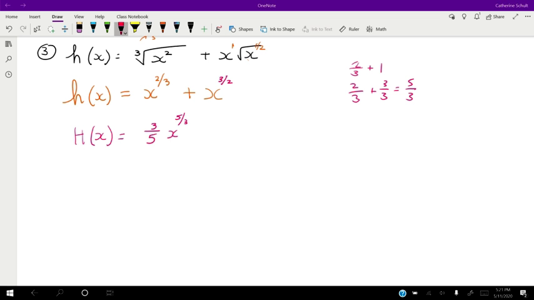And then we can do the same thing with x to the 3/2. 3/2 plus 1, where 1 can be written as 2 over 2, is 5/2. And so the coefficient is going to be 1 over the exponent, which is the reciprocal. And then how do we make it general? We add c. And remember, we can always check by taking the derivative and making sure that the derivative of big H gets us back to little h.